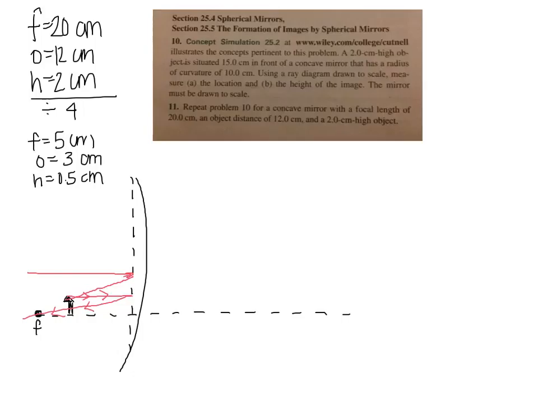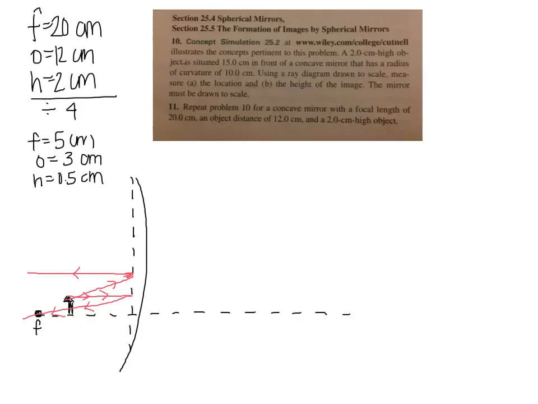So the idea here is that the image is located in the area between where the two lines intersect and the horizontal surface. So right now, these rays are definitely not intersecting. So what we have to do is we have to extend the rays beyond the mirror, which means that we're going to be getting a virtual image.